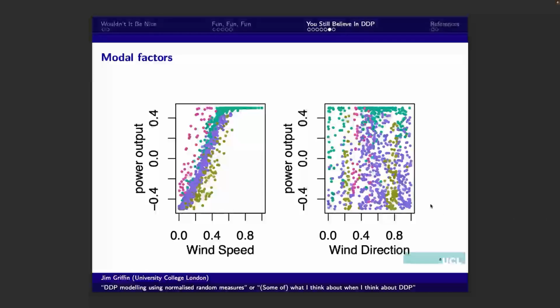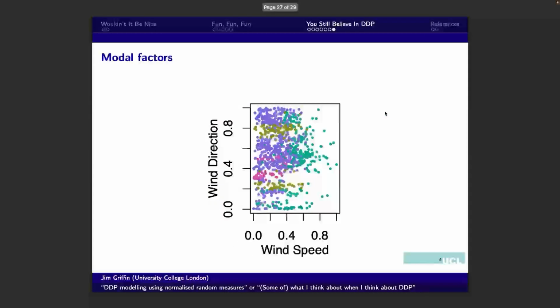On the right-hand side, we can see what's driving that. Actually, what drives it is the wind direction. You can see there are some olive points here and some olive points here, so 2 particular wind directions are going to affect the power output. There's another wind direction that leads to these pink ones here, and you can see this green bit here.